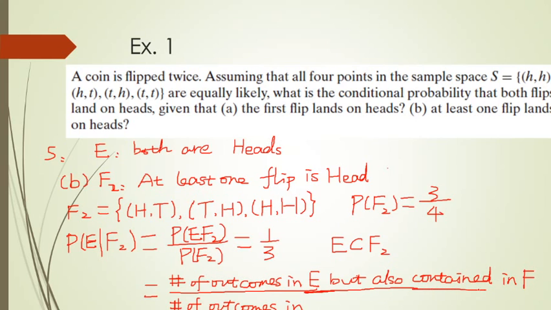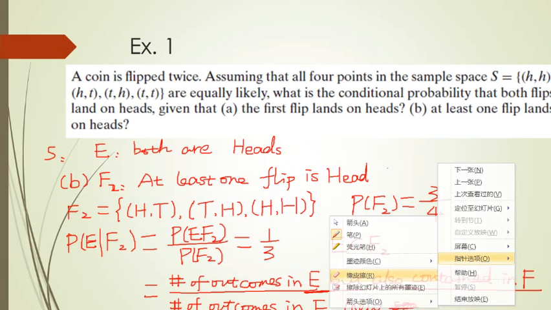How many? The number of outcomes in event E is of course just one, head head. And it's also contained in F, so still just one. Then out of the number of outcomes in event F. How many total outcomes in event F? Three, right? That's why event F becomes the new sample space, the denominator.